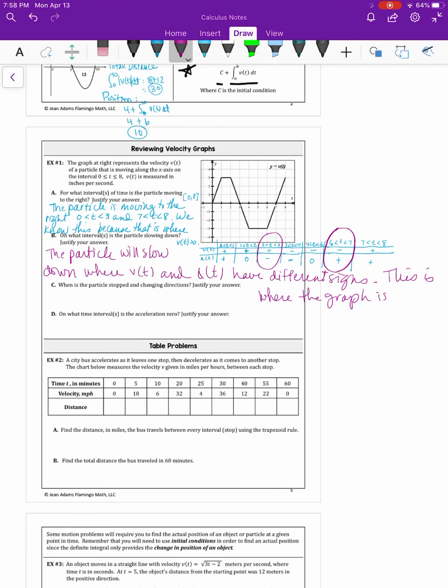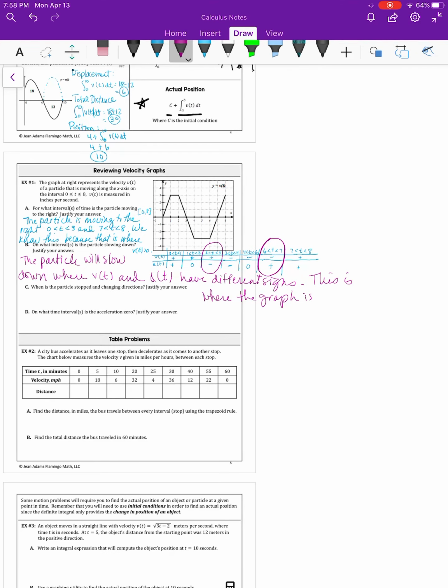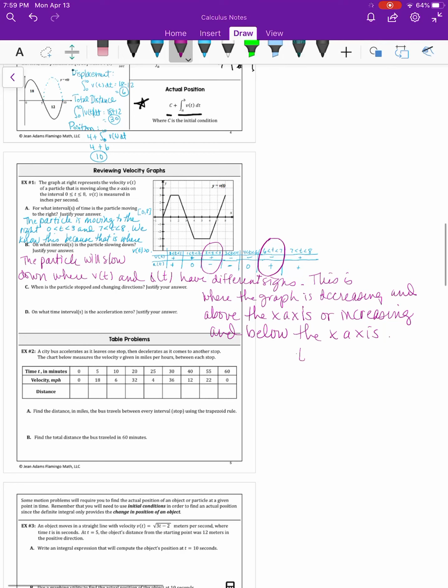This is where the graph is decreasing and above the x-axis or increasing and below the x-axis.